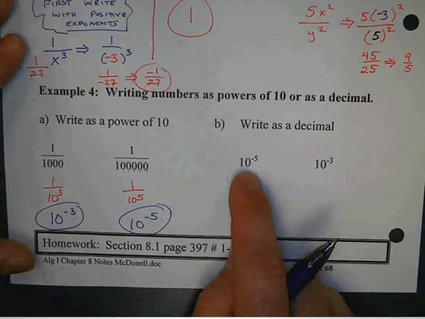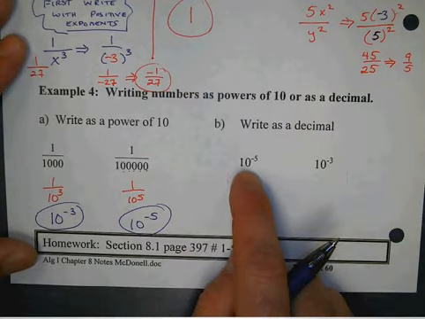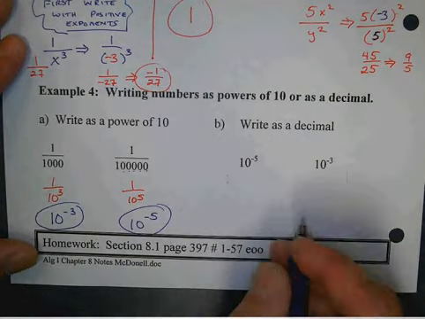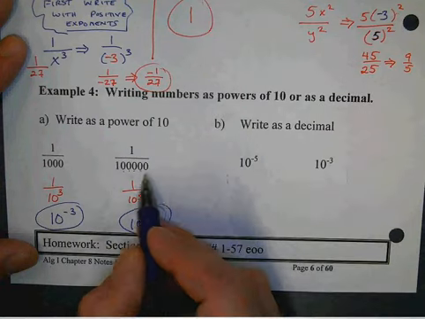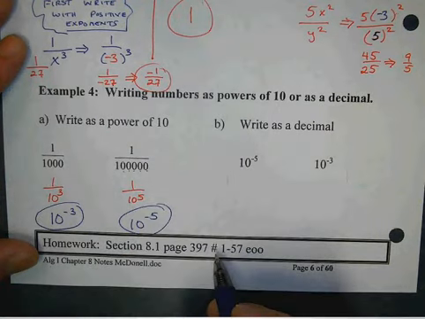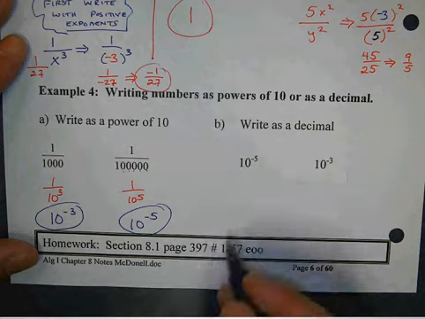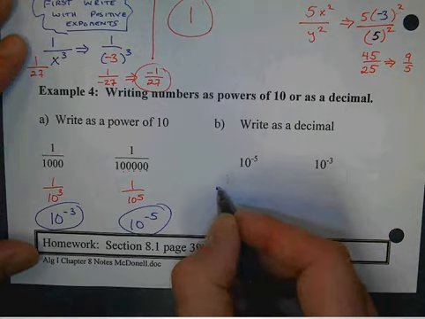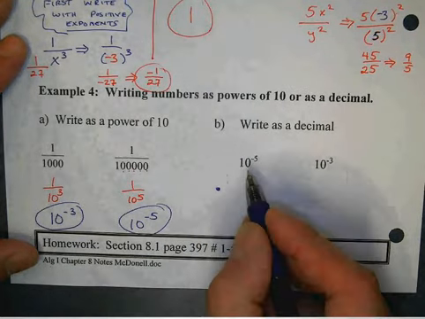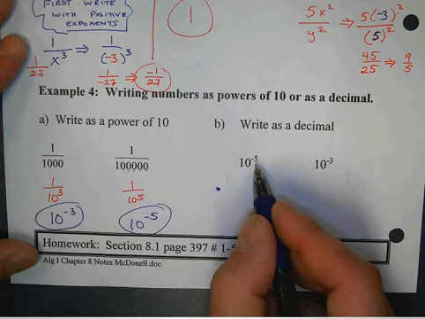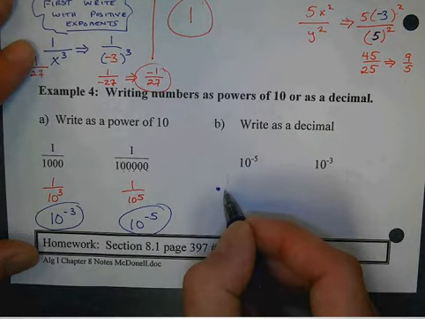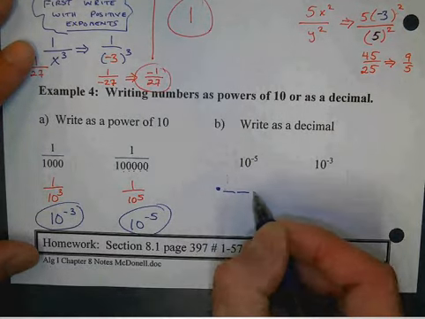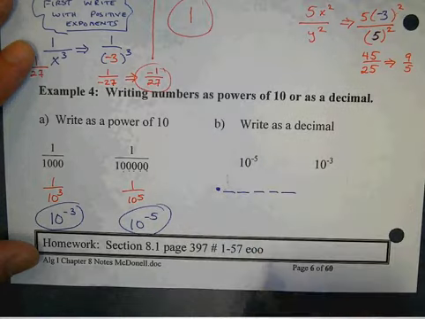10 to the negative 5. You can think of this as 1 over 100,000. But to write it as a decimal, all you need to remember is it has 5 decimal places. So what I do is I go blank, blank, blank, blank, blank.